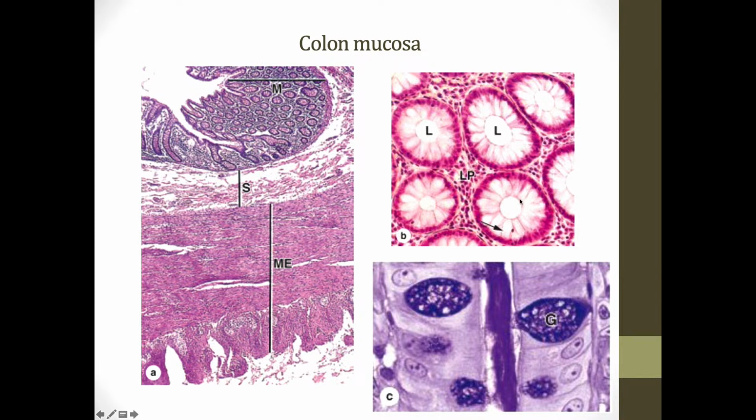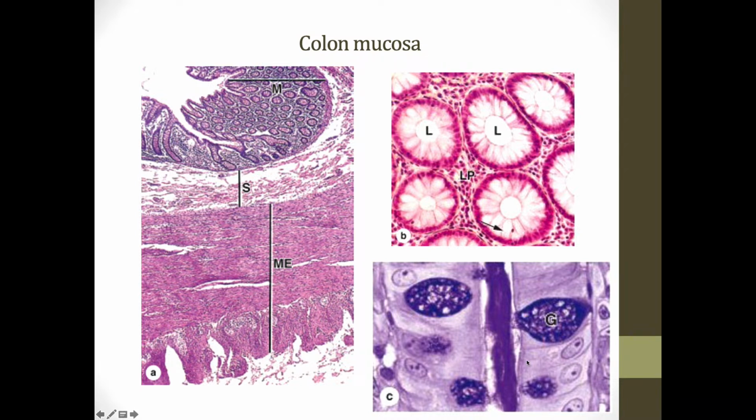These glands and surrounding tissue: between these glands is the lamina propria. The lamina propria has lymphocytes, macrophages, goblet cells, and enterocytes.